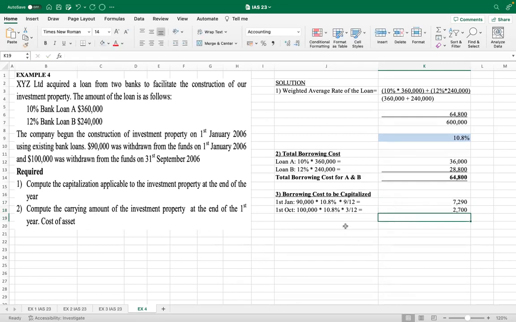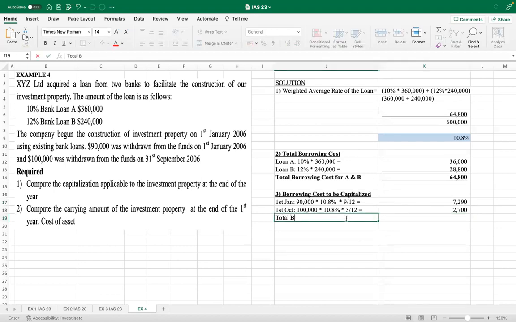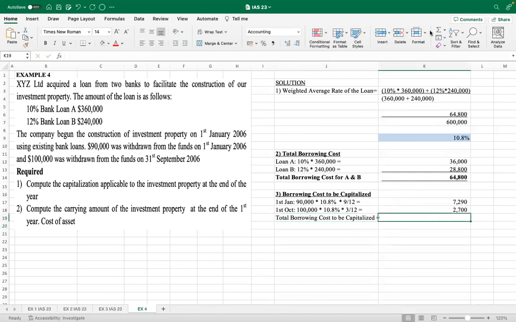It gives you that. So the total borrowing cost to be capitalized is equal to, so we just add those two.